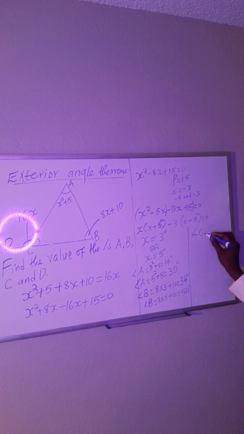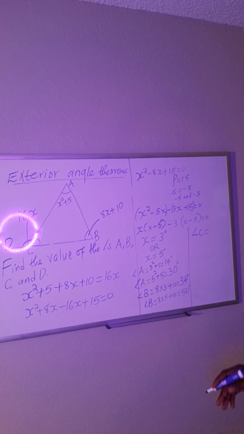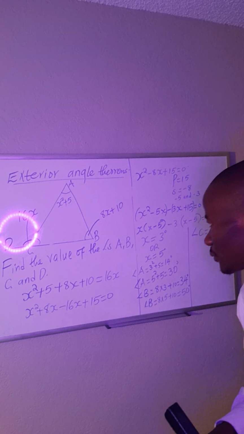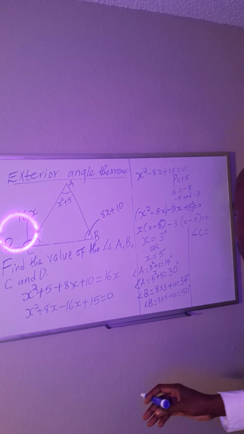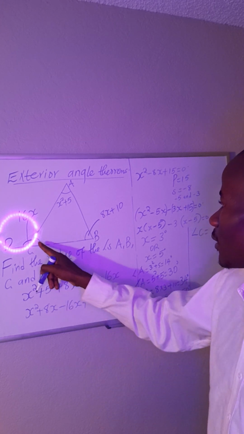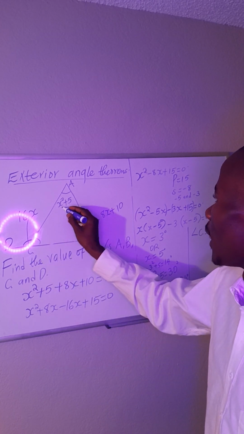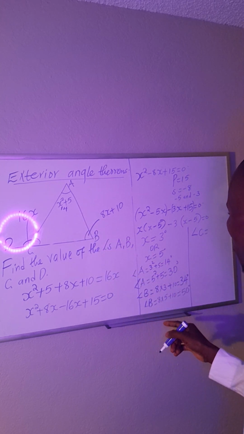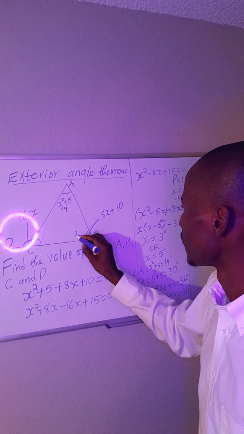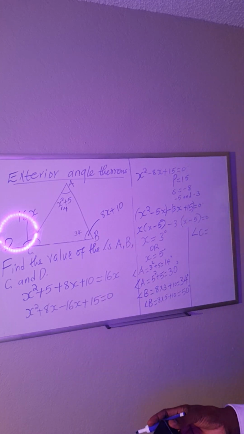For angle C, where is angle C, class? How can we get angle C? The first thing that we shall do here is this one. Here I have 14, that is the first pair, and with 14, I also have this one, 34.